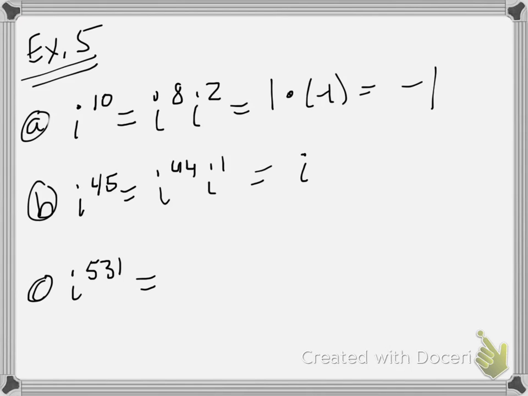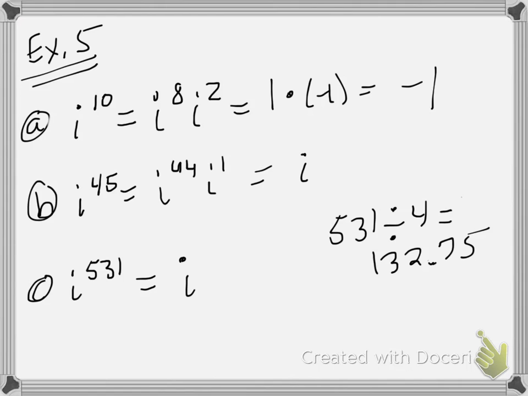Now look at C. This one is where it gets a little bit tricky. i to the 531. So now, you want to break it down so you have a multiple of 4. So what I do, and I pull out my calculator for this, I do 531 divided by 4, which gives us 132.75.